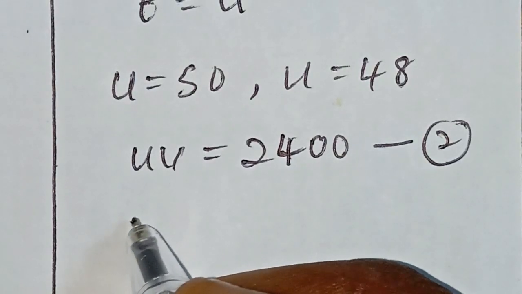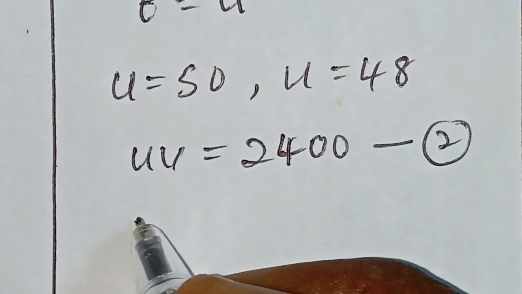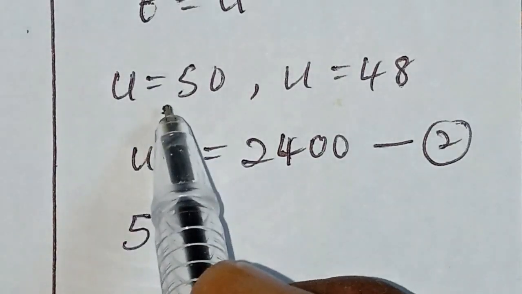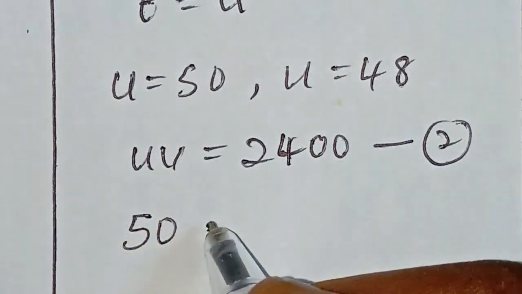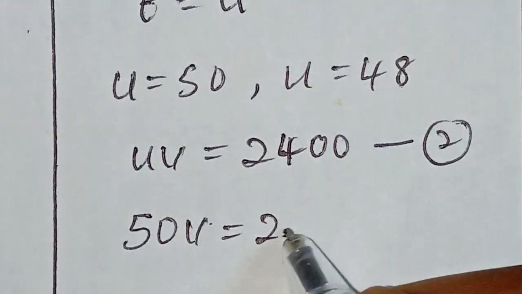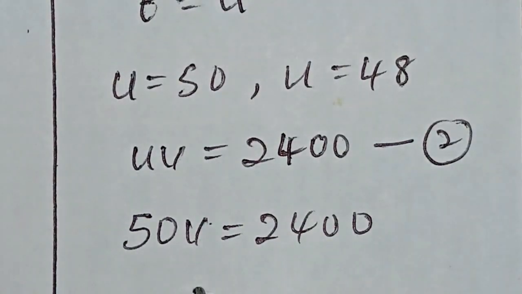Taking u equal to 50, we have 50v equal to 2,400.